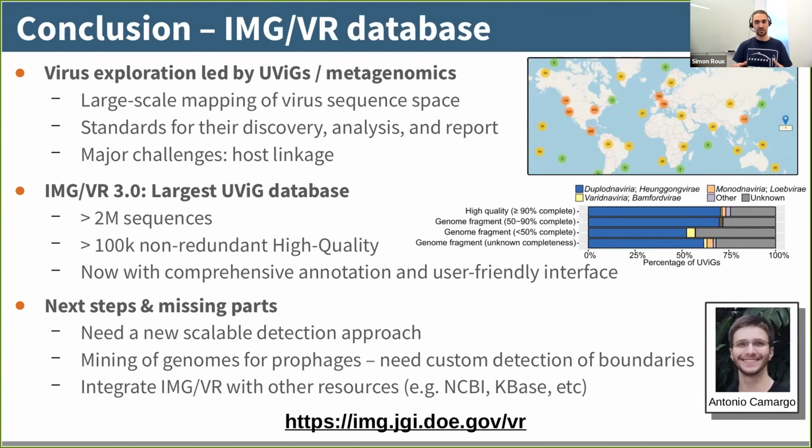So Antonio is looking at a number of different options to make a new scalable detection approach, which will leverage all the improvements made recently by the tools we discussed on Wednesday. We also want to look into things like prophages and do a much better job at sorting out which is really a virus versus which is a false positive, like John was mentioning. And eventually, we also want to integrate much better with NCBI, KBase, EBI, EVBC, and whatnot.